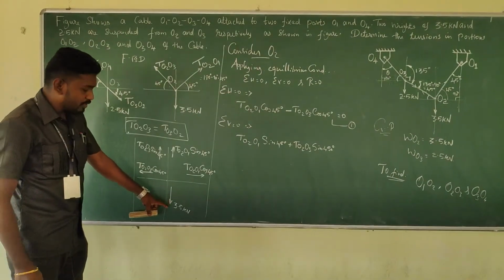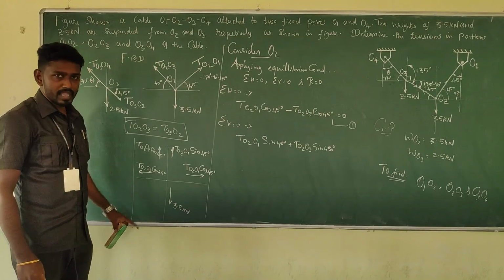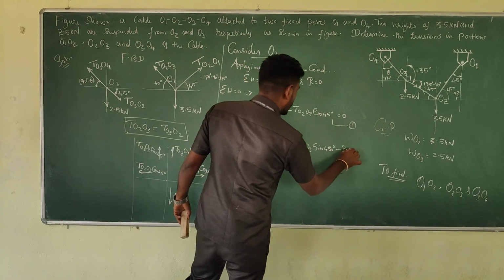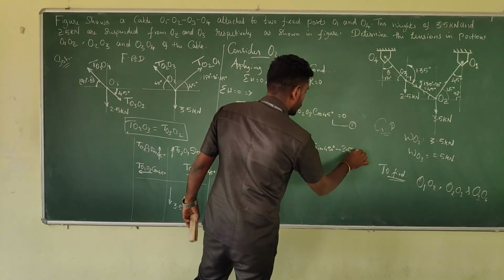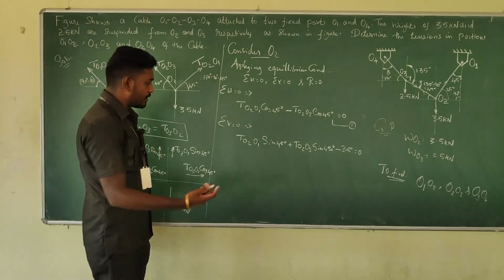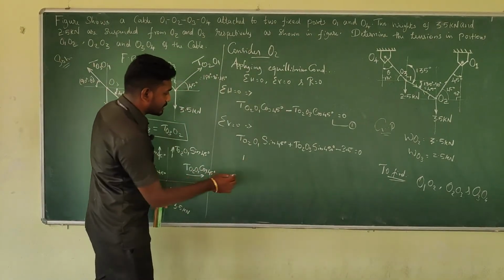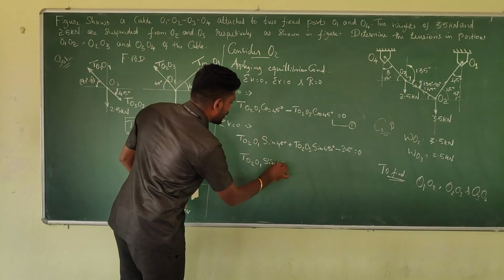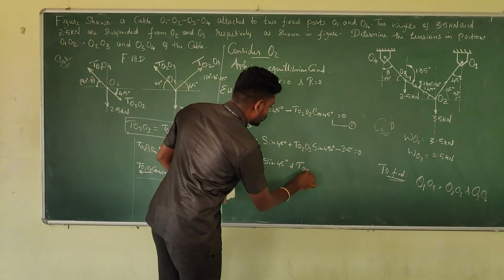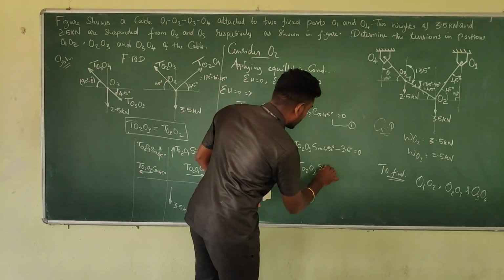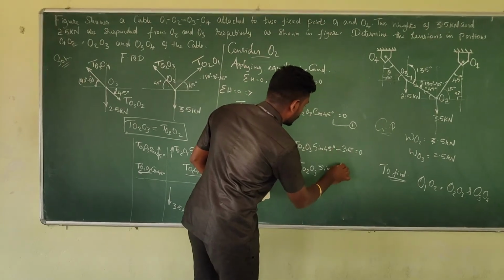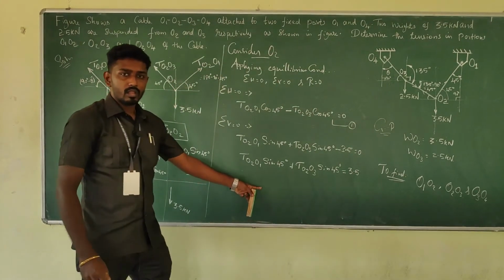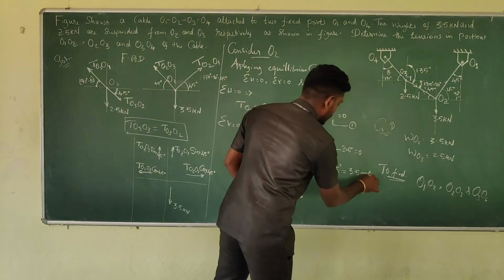Okay, and here we have downward force which is 3.5 kilonewton, and it is moving downwards in the sense it carries minus sign, so minus 3.5 which is equal to 0. If I simplify it, it goes like this: TO2 O1 sine 45 degree plus TO2 O3 sine 45 degree is equal to 3.5. There is no way to simplify it, so I'm gonna take this as equation number 2.